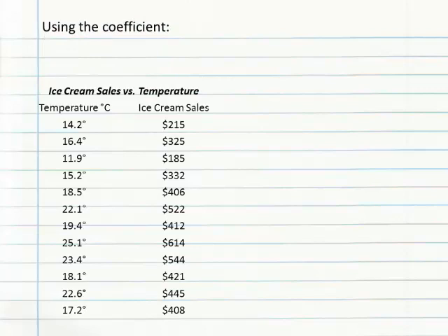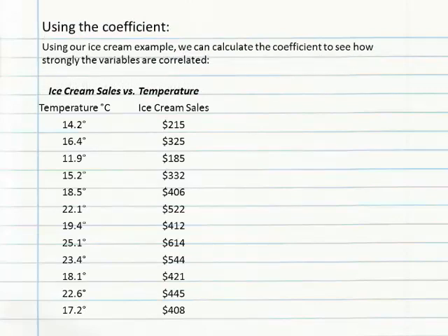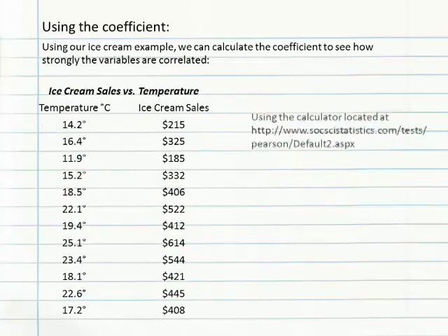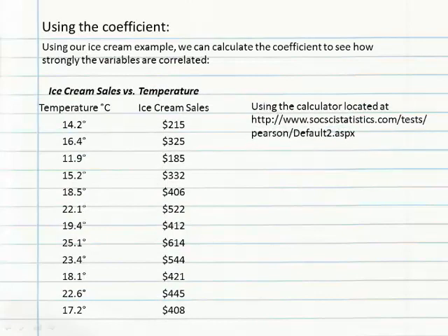Let's look at our ice cream sales again. Using our ice cream example, we can calculate the coefficient to see how strongly the variables are correlated. So I used the calculator located on the Pearson site, and I got the correlation coefficient of r equal to 0.9575.